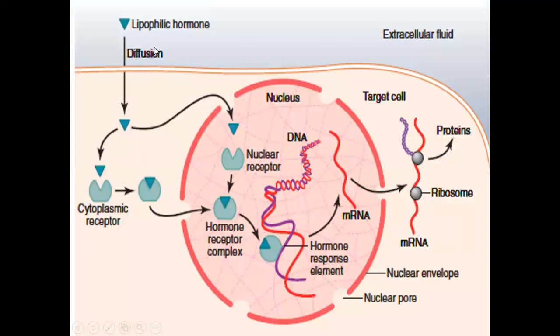So for example here, a lipophilic hormone or a steroid hormone, being water insoluble and comprised of cholesterol precursor molecule, diffuses easily into the cell surface membrane. And then from there, the receptors of steroid hormones are found in the cytoplasm, or some are found in the nucleus. So it may bind to its receptor in the nucleus or in the cytoplasm.